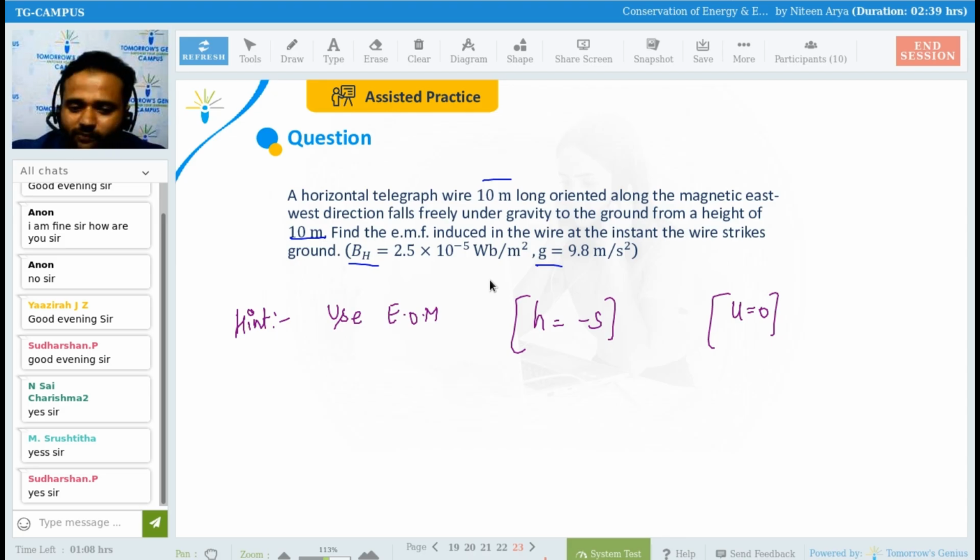I don't have more time to give you. Tell me the induced EMF in the wire. Very easy, very basic. I don't think you need more explanation on this.